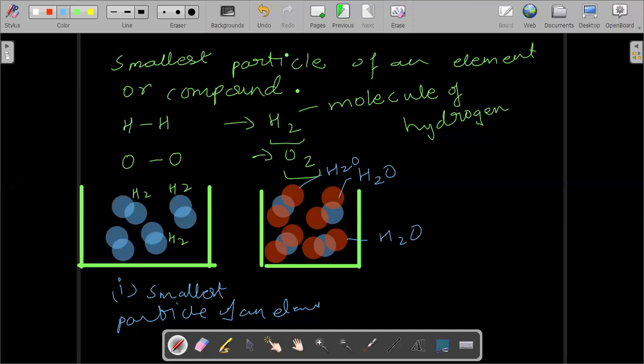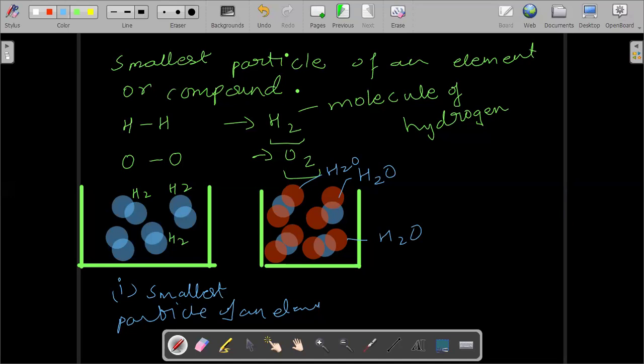A compound generally means that there should be a large number of molecules together.